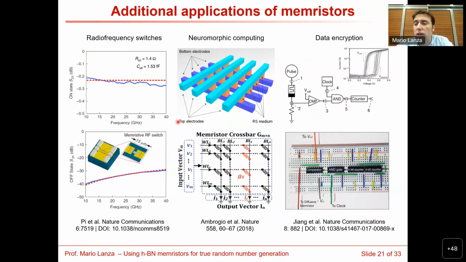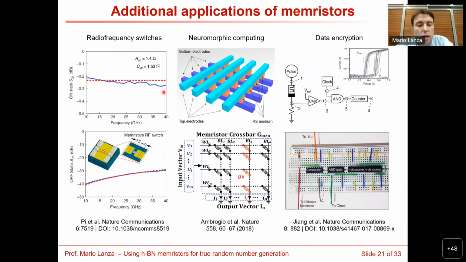Memristors exhibiting two different states can also be used as radio frequency switches. For this you need a very small value of low resistive state resistance, here named R on, because you need to allow the radio frequency wave to be transmitted.